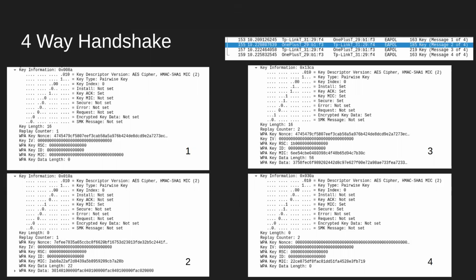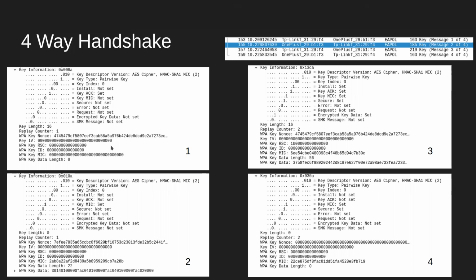Right, so this is a capture of a four-way handshake. It's on the same network, but then I turned on WPA2. And then you can see the key information bits that are numbered according to the part of the handshake it's from. So the first message contains the nonce from the access point to the client.